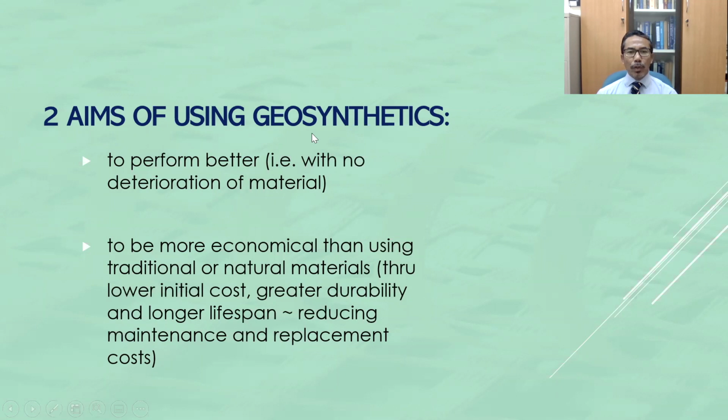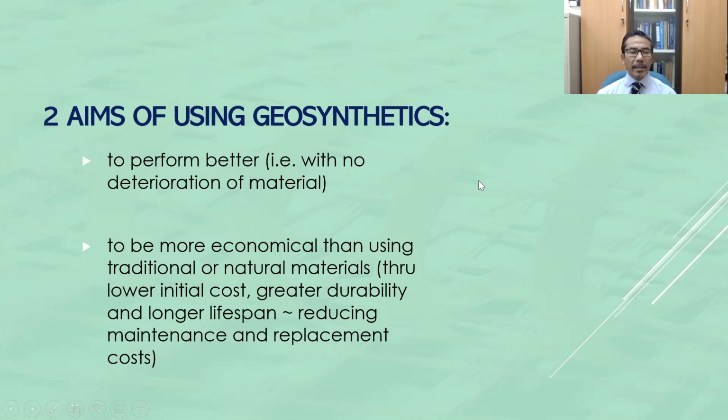There are 2 aims of using geosynthetics. One is we would anticipate that by using a geosynthetic product, this product will perform better than natural materials like soil or rock.